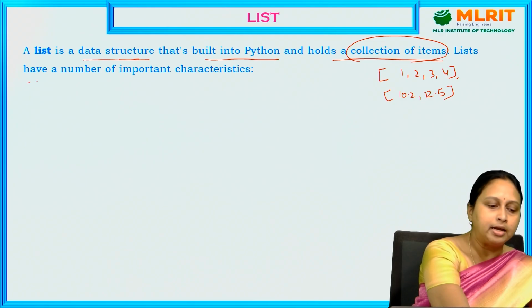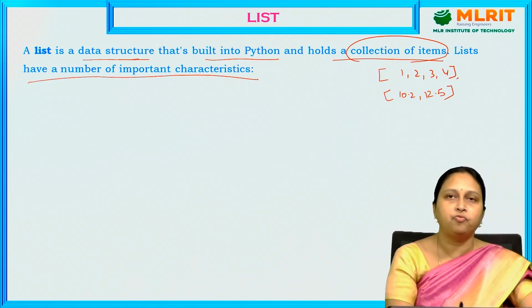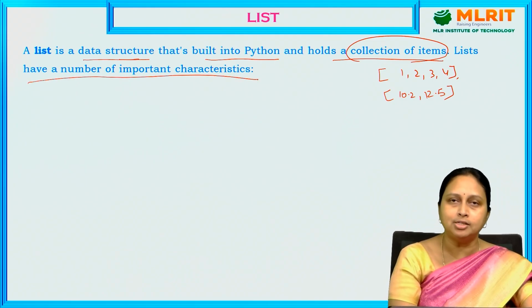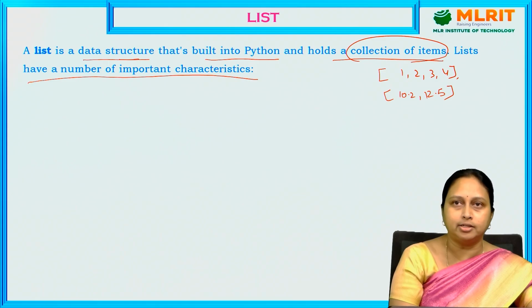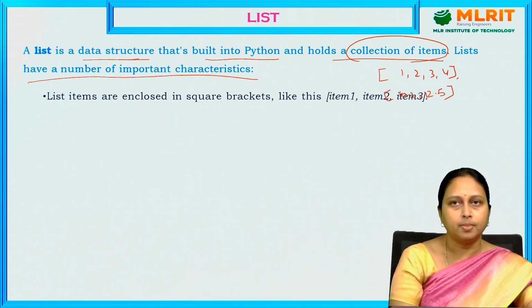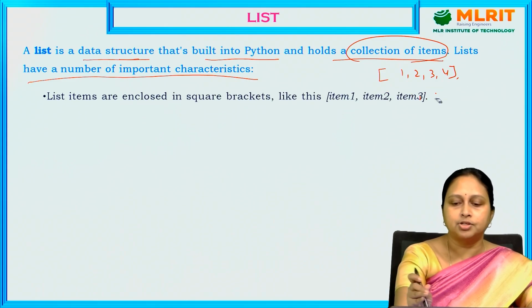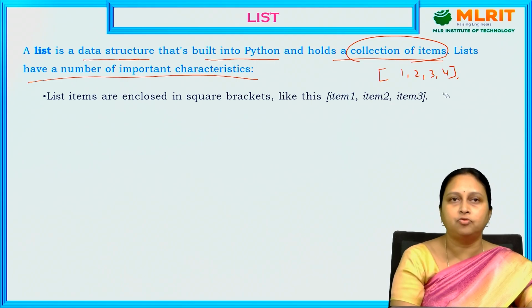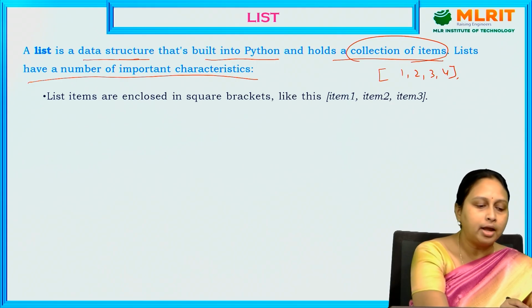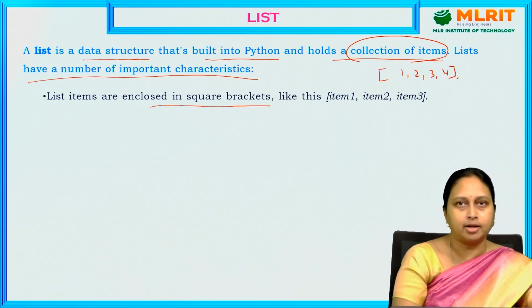List has a number of important characteristics. When you are going to represent a list, you have to remember all these characteristics. Let us see the first characteristic. Lists are enclosed in square brackets.